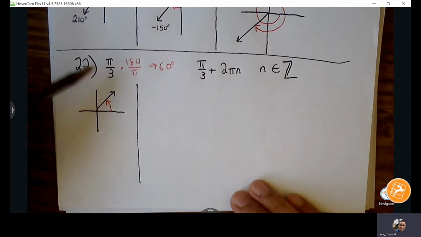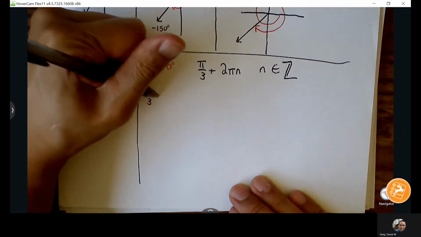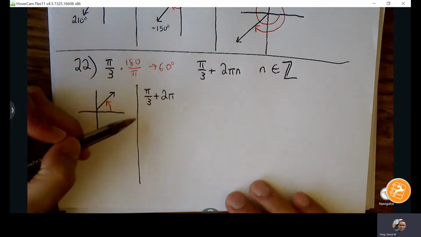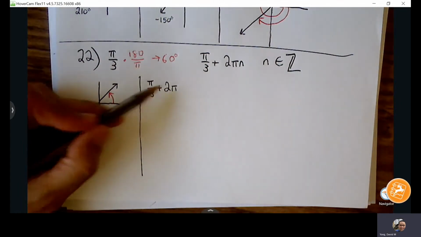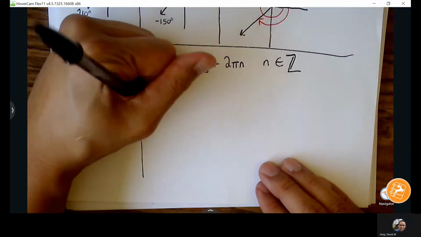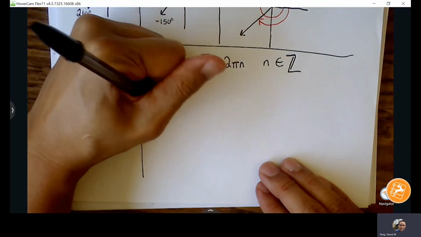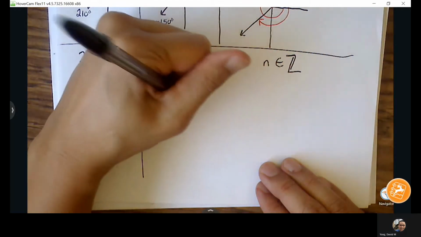I'm going to add 2 pi. If you use your calculator, you can say 1/3 plus 2, leaving the pi out of the calculator. Or without a calculator, I can say pi over 3 plus, matching with a common denominator, 6 pi over 3.